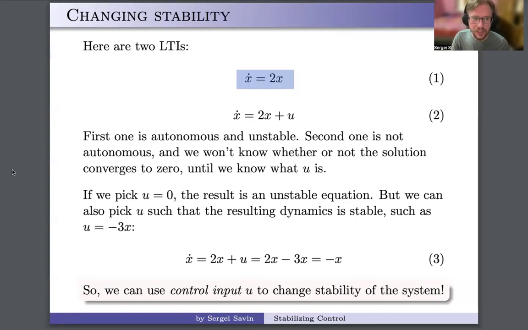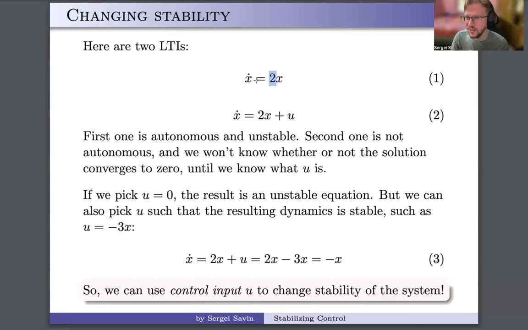Why is it unstable? Well, let's remember the criteria for stability that we learned the last time. Eigenvalues of the system should have non-positive real parts for it to be stable. Negative real parts for asymptotic stability, zero for marginal stability. Here, the eigenvalue is 2.